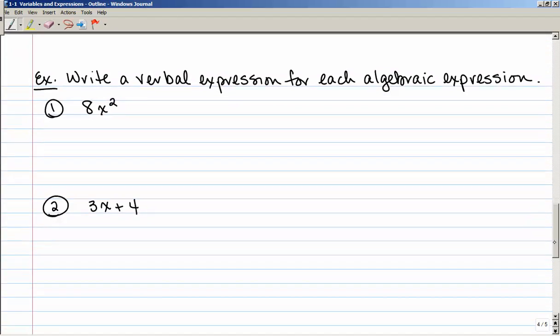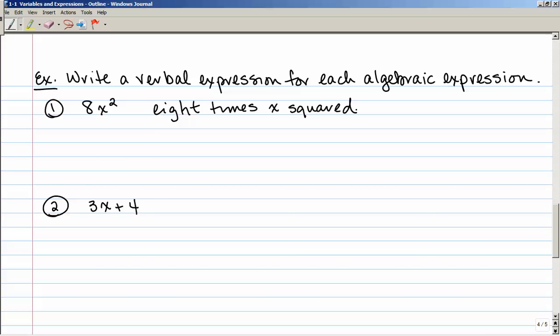Let's take a look at a couple examples here. Write a verbal expression for each algebraic expression. So here we have 8x squared. Notice the 8 is being multiplied by x squared. So I could say 8 times x squared, and write out the word squared.